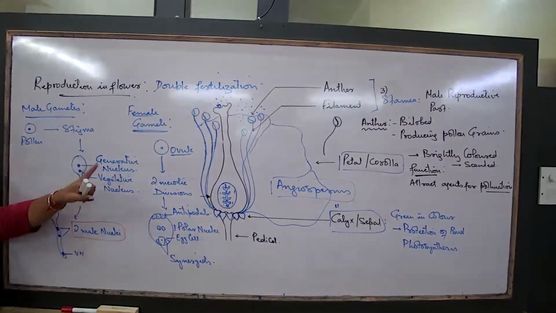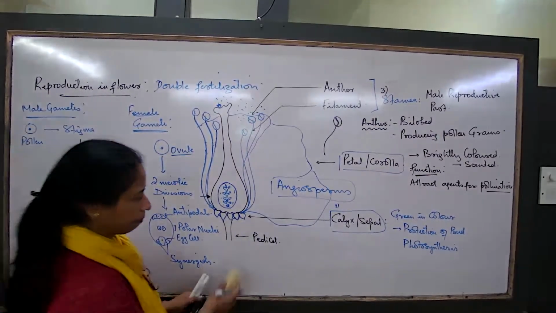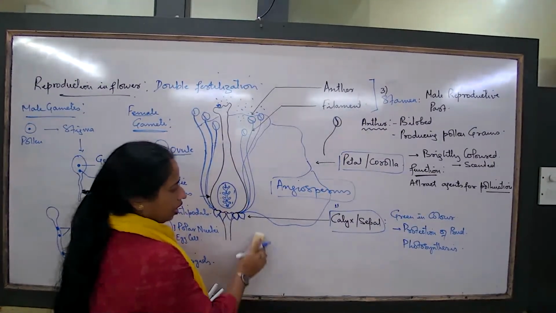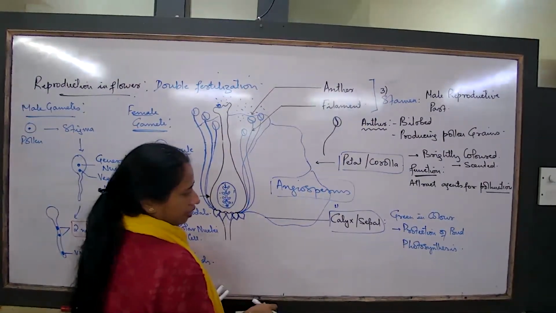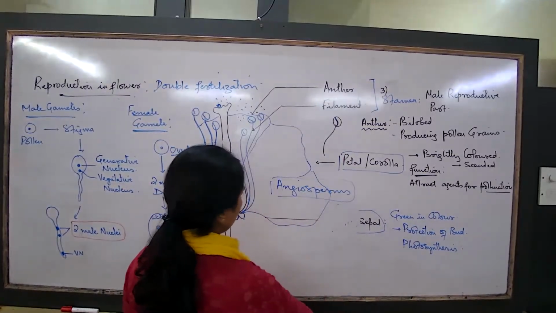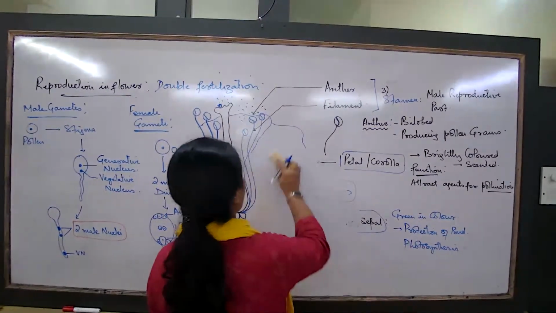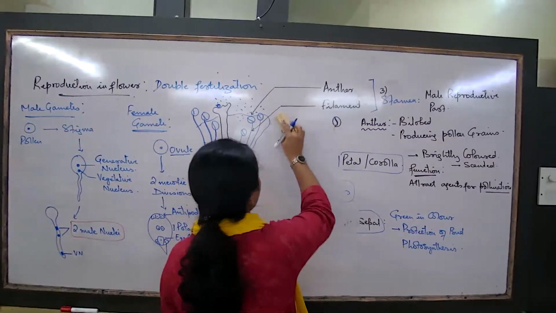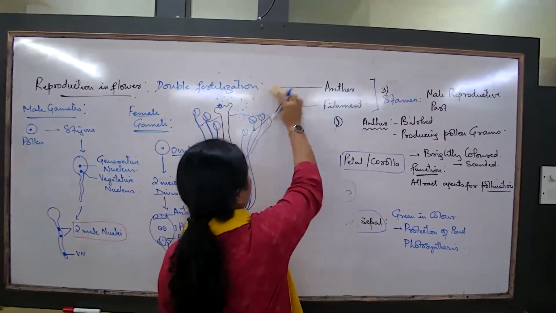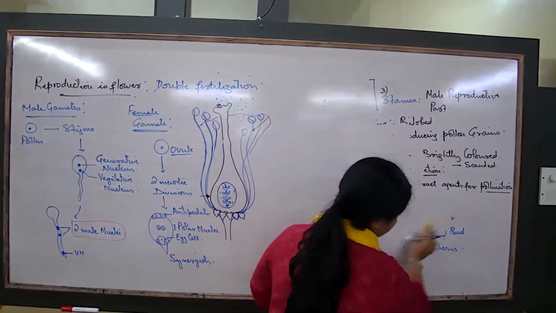And now we try understanding the concept of double fertilization. For 8 female gametes, only 2 male gametes will carry out the process of fertilization. So let us now try understanding how fertilization takes place.